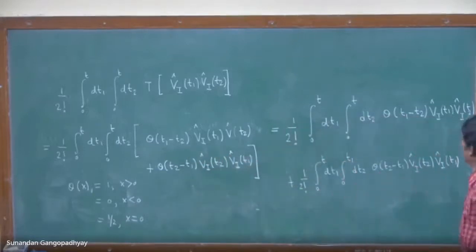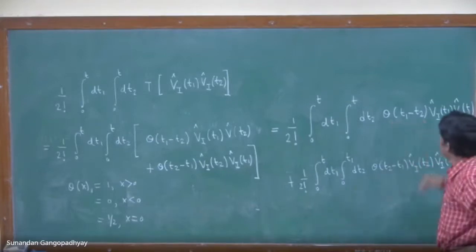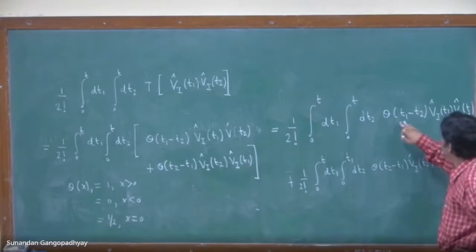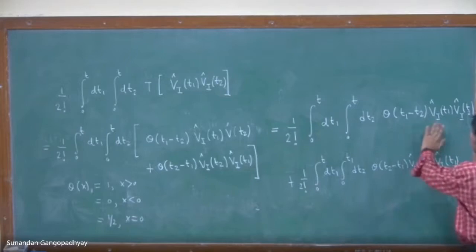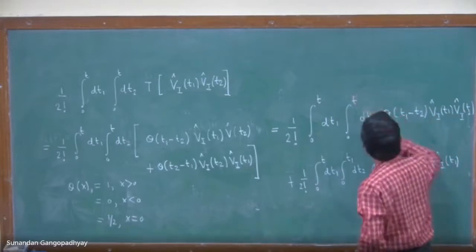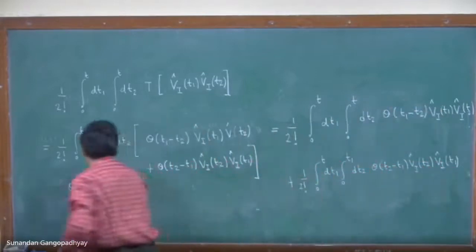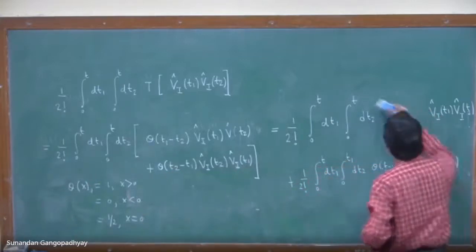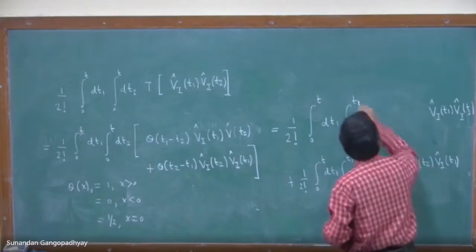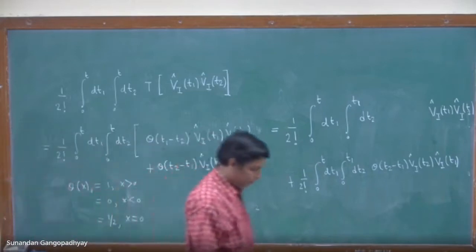Now you see that, let us consider the first term. This thing contributes when T1 is greater than T2, right? Okay. So what we can do is, you can just change the limit of this thing. You can remove this theta function at the cost of changing T to T1. Is this okay? Right?